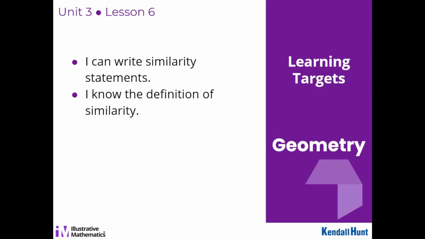And that leads into learning target number 2, which is that you know the definition of similarity, simply meaning you understand that it is a series of rigid transformations and dilations. If you can do those 2 things to make one figure lay on top of the other figure, then those figures are similar. Some of the features are that they will have the same angles and they'll have proportional side lengths.